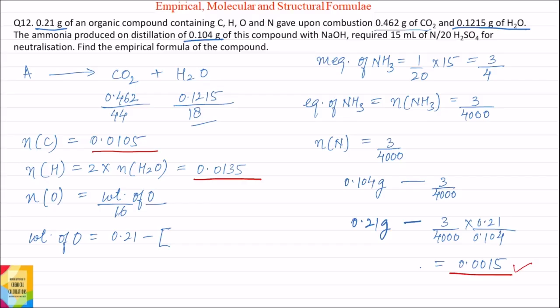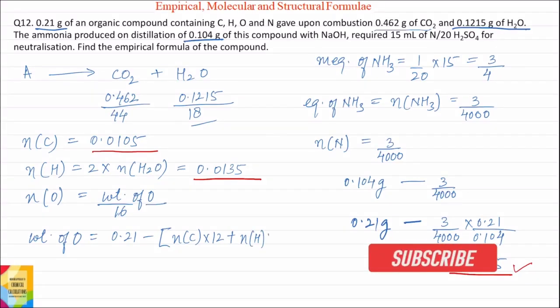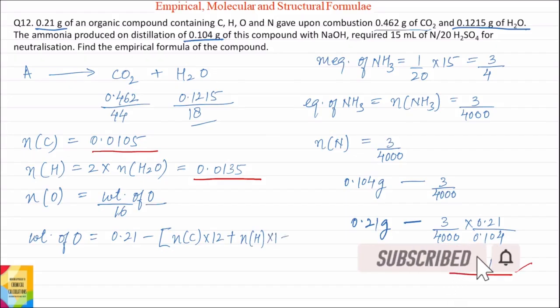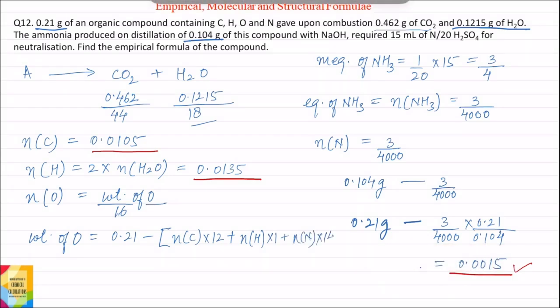Weight of carbon क्या होगा? Weight of carbon होगा moles of carbon into atomic weight of carbon, that is 12, plus weight of hydrogen होगा moles of hydrogen into atomic weight of hydrogen, which is 1, plus weight of nitrogen होगा moles of nitrogen into atomic weight of nitrogen, which is 14.